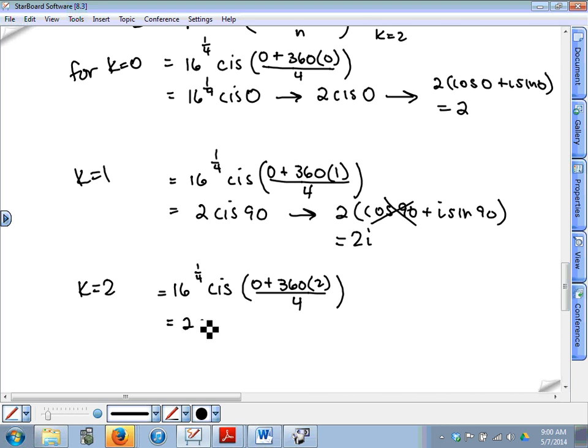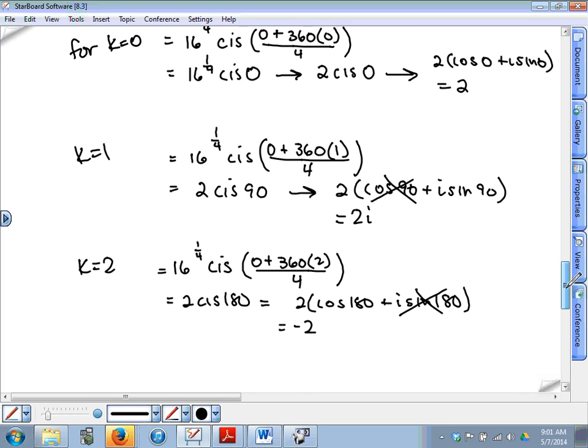So this changes into 2 CIS 180. Again, just try to think about this without having to use the unit circle. 180 degrees, what's the coordinate point at 180 degrees? Negative 1 comma 0. So the cosine of 180 is negative 1. What's the sine of 180? 0. That disappears to 0. Cosine of 180 is negative 1. Negative 1 times 2 is negative 2.